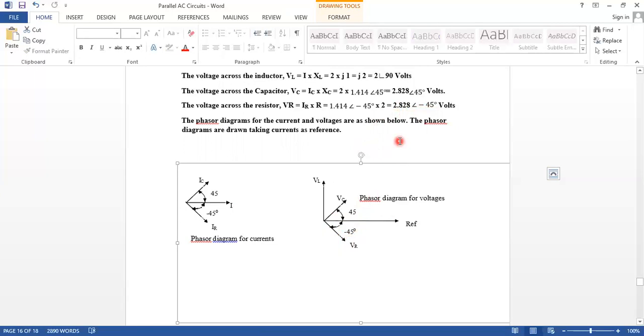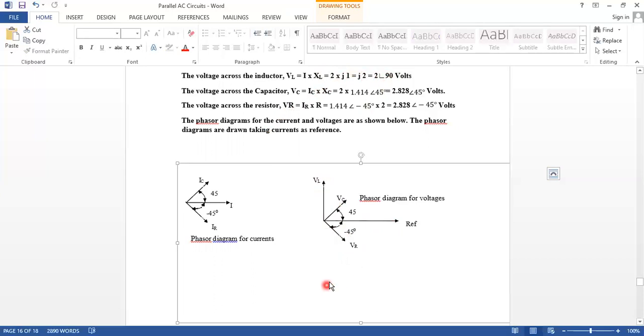Again, see the voltage across the capacitor. It is again plus 45 from the reference. So that is why it is drawn above. Okay. And then what is the inductor value? It is just 2 at an angle 90 degrees. So with the reference, it is at an angle of 90 degrees. Okay. So this is how you draw the phasor diagram for voltages.